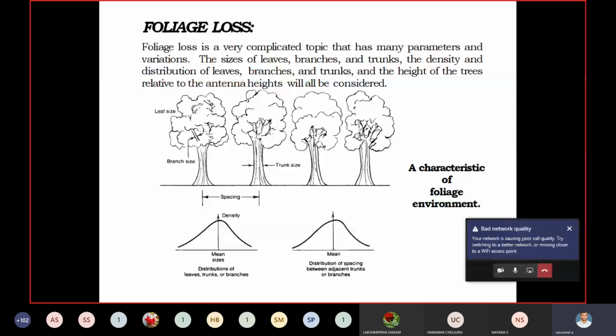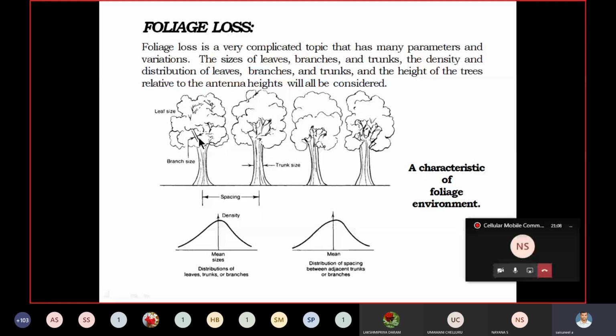The foliage loss can change, and it depends upon the size of the leaves, each leaf in a tree, the branches, the trunk, the density, that is the thickness, and the distribution of leaves, branches and trunks, and mainly the height of the trees.